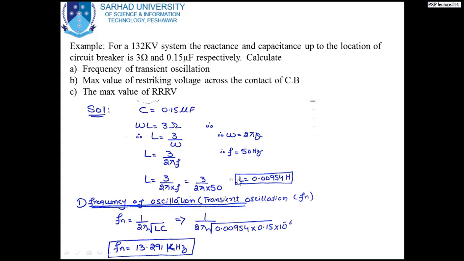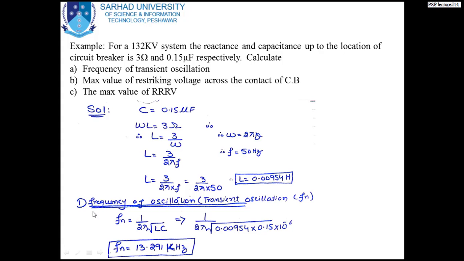With that simple calculation, we get L equal to 0.00954 Henry. You can convert later into millihenry if you want, but this is in Henry.